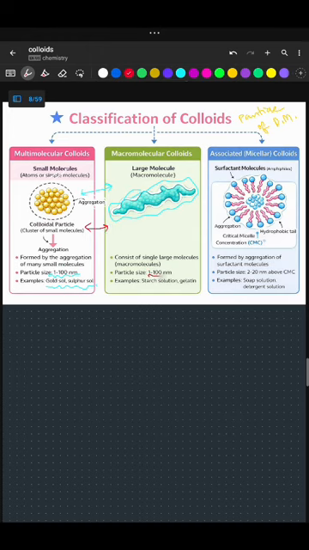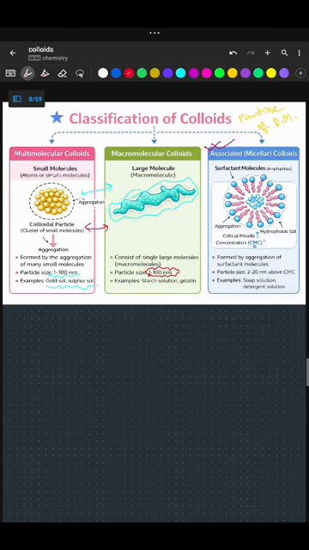It is also a similar kind of size range. Examples of macromolecules are starch solution and gelatin. And we have a very interesting type here, associated or micellar colloids. It's basically how surfactants work when we wash our clothes.